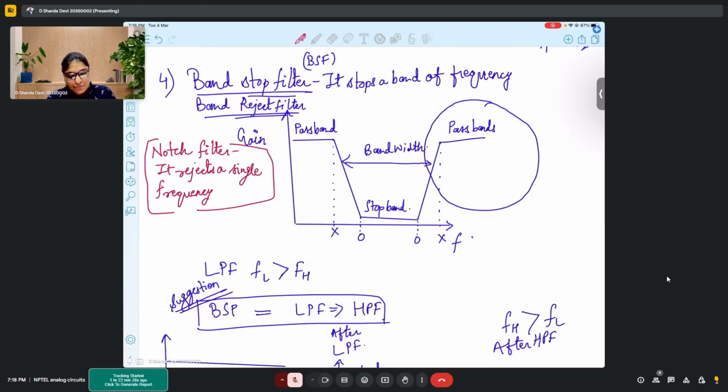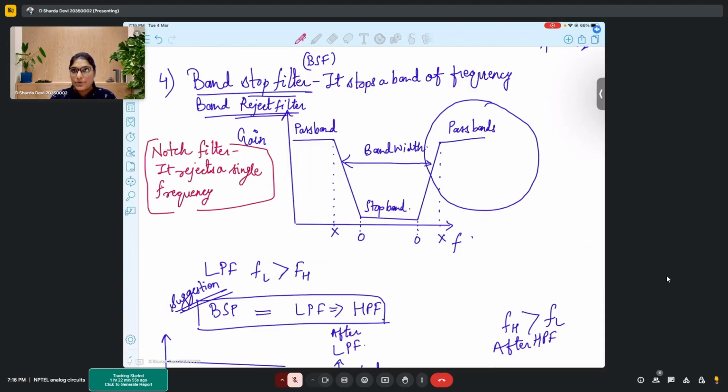So where can we use this notch filter? So we all know that our supply has a 50 hertz frequency, right? In India, we have a 50 hertz frequency supply. And say you are designing some circuit and you want to eliminate the noise that comes from the supply, or you simply want to eliminate the frequency that is not your signal, right?